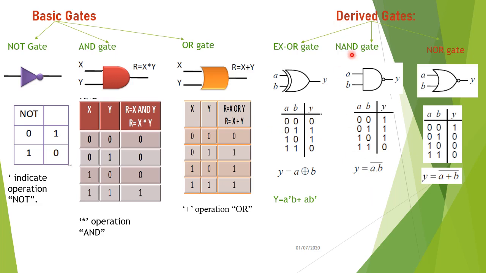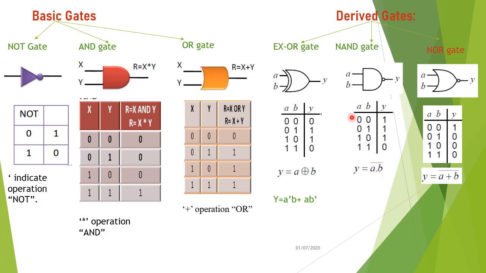The NAND gate can be termed as the NOT AND gate. It means that first the ANDing of variables has to be carried out, and that ANDing result will then be complemented with the help of this bubble sign. And that's why in the expression we can see A and B have first been ANDed, and that ANDing result has been complemented.